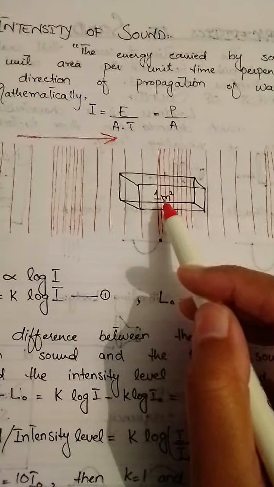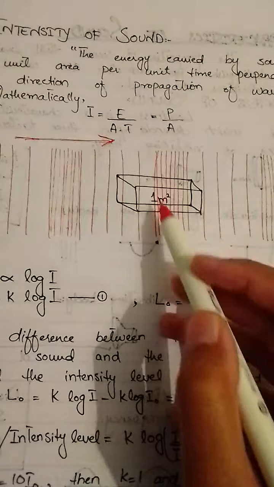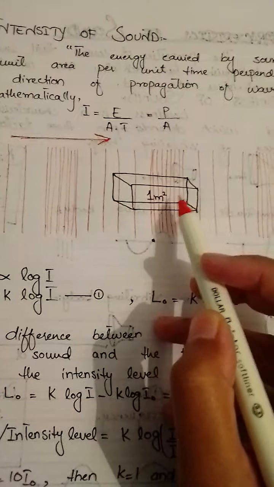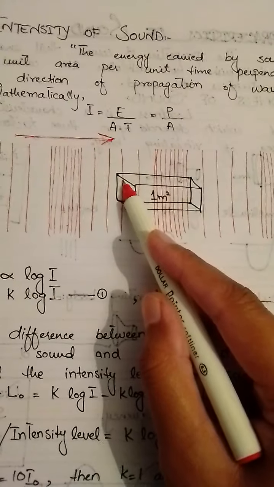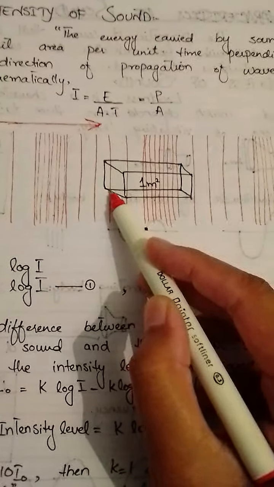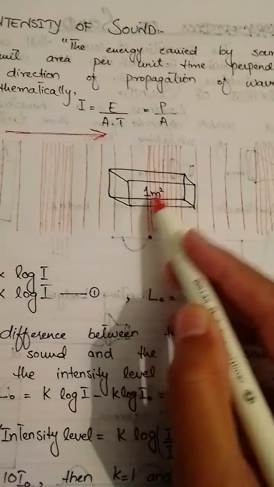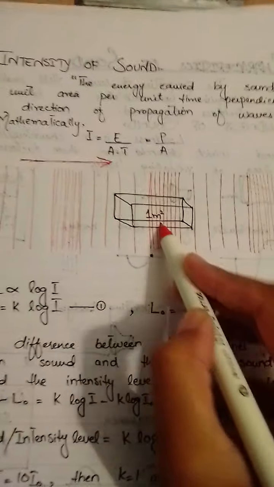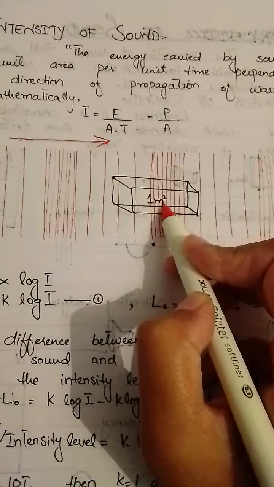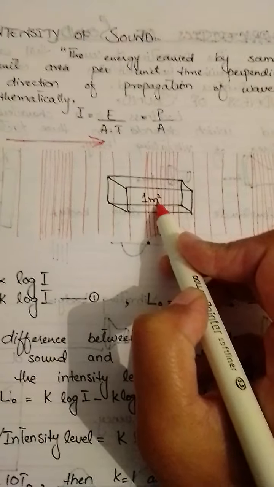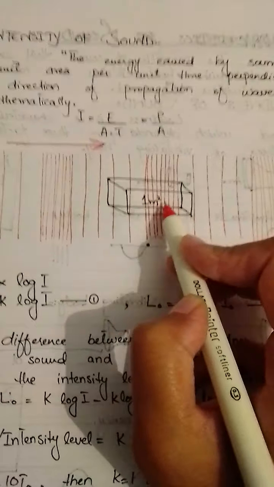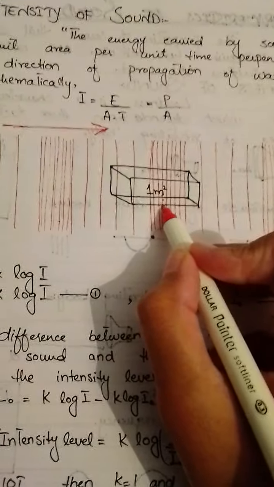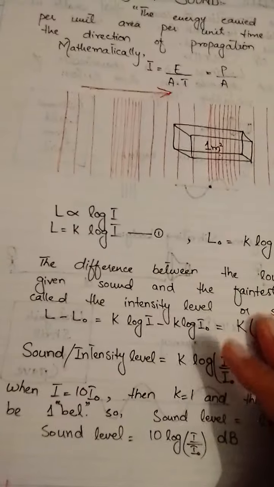Okay, so intensity would be how much energy passes through this unit area in unit time. So if more energy passes through this area in 1 second, then the intensity will be greater. But if less energy passes through this unit area in 1 second, then the intensity will be lower.